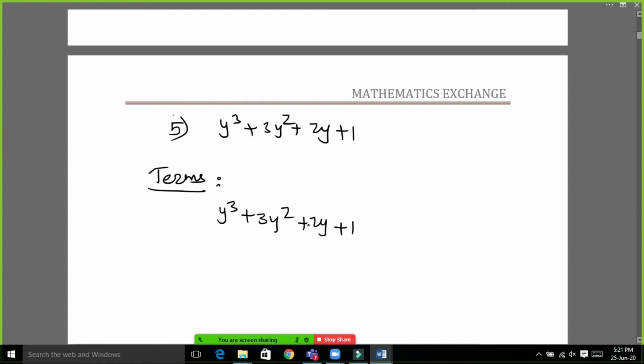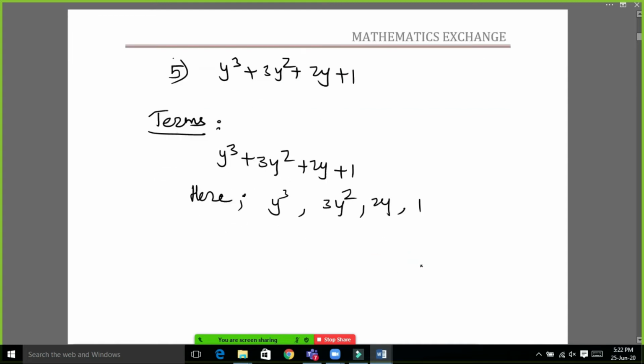So in this cubic polynomial there are 4 terms: y cube, 3y square, 2y and 1. They are the terms of the polynomial.